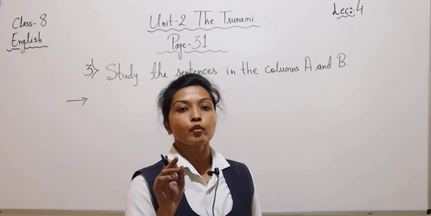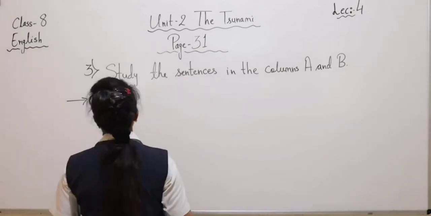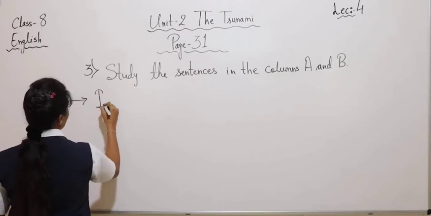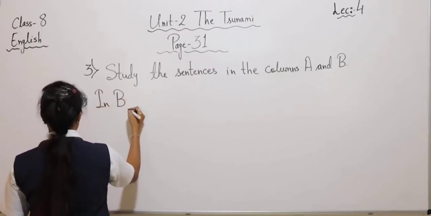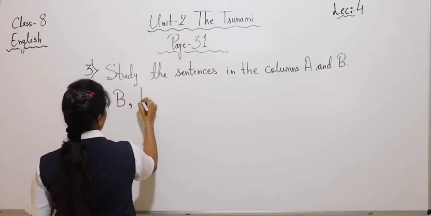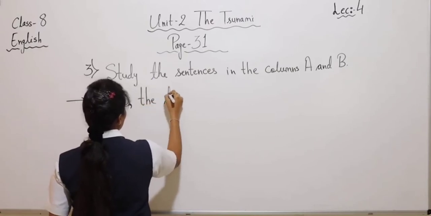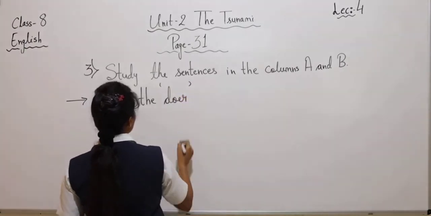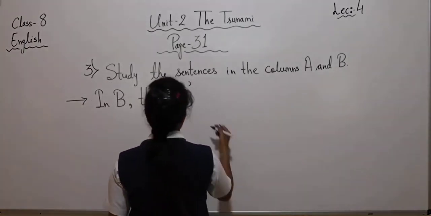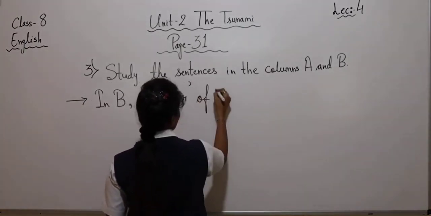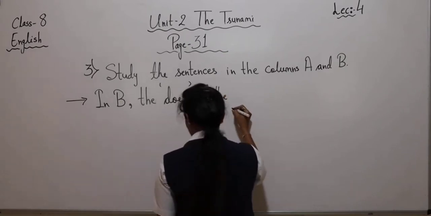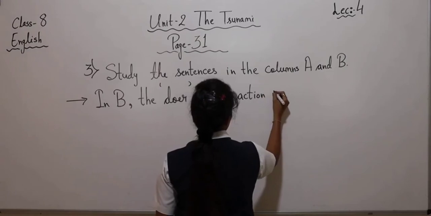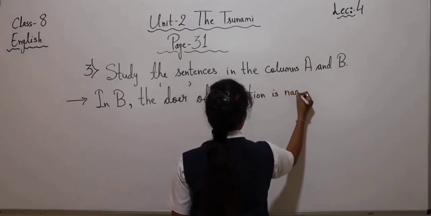It's passive voice. So in B, the doer is the person who does the action. The doer of the action is named.